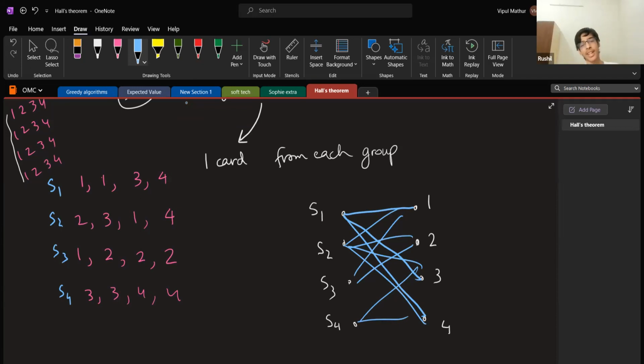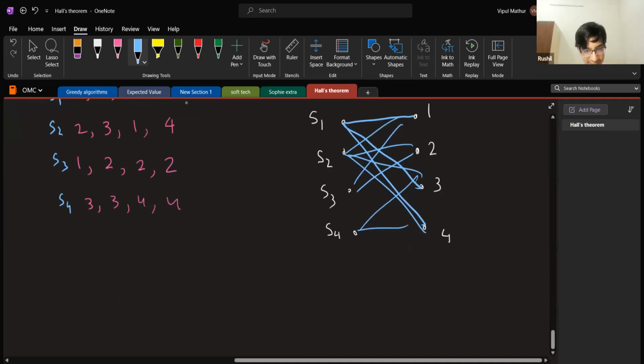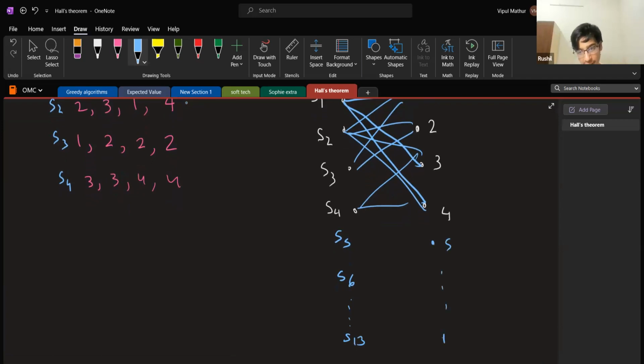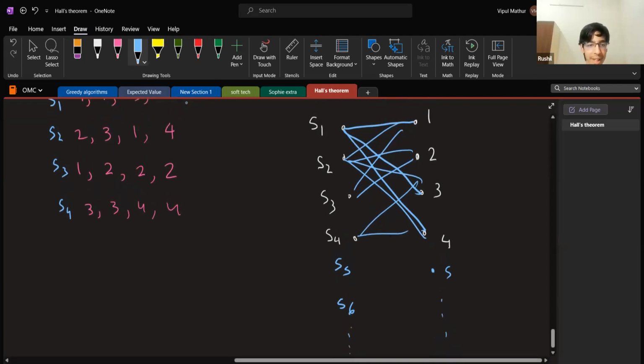I told you earlier that, actually, let's go to S13. I'm so sorry. The point is, if you have 13 sets of 4 instead, and you're mapping them to numbers up to 13, still each one is connected to at most 4 things. Let's say your S1 was 1 to 7 and 11.